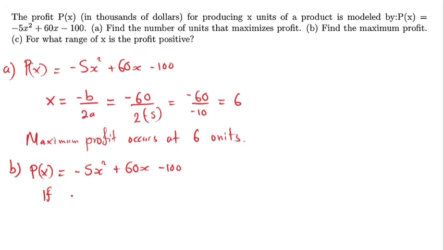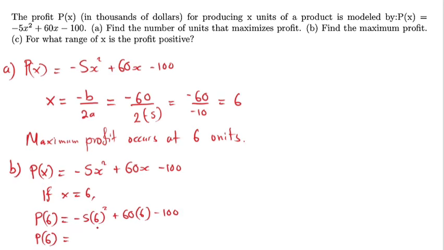So we're going to ask, what is P of 6? This will be negative 5 times 6 squared plus 60 times 6 minus 100.